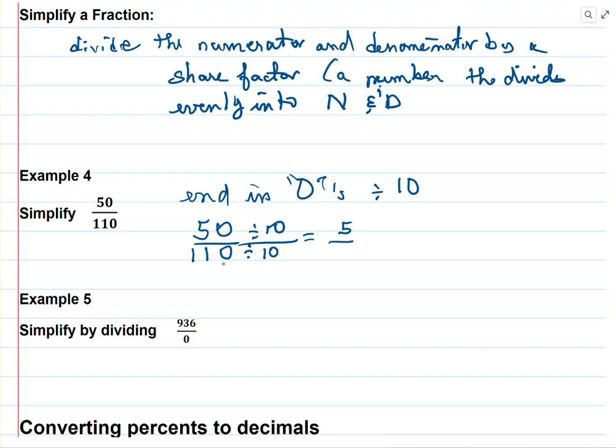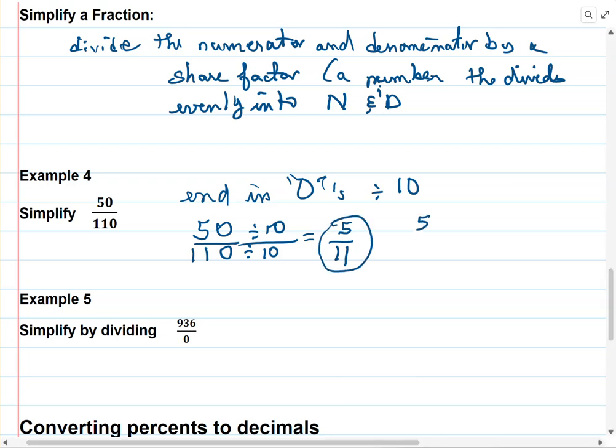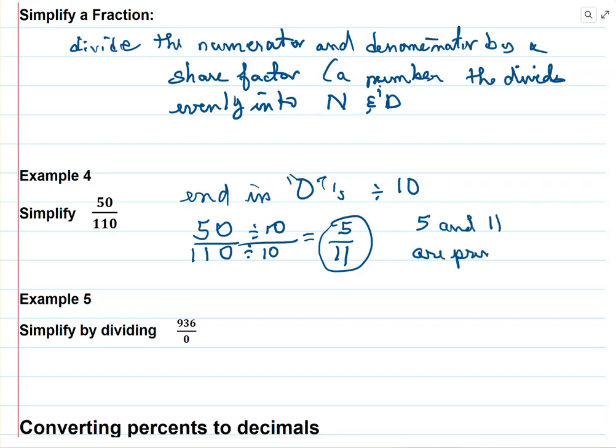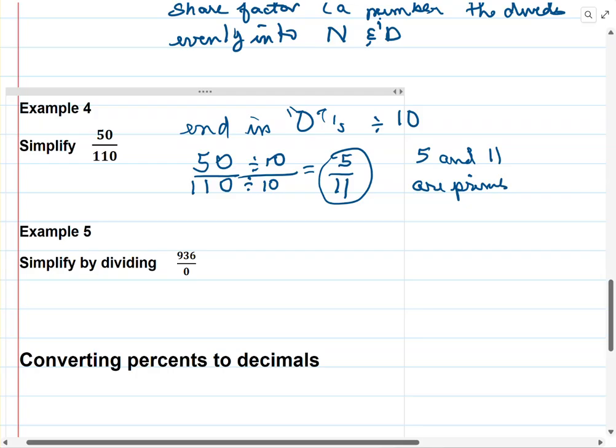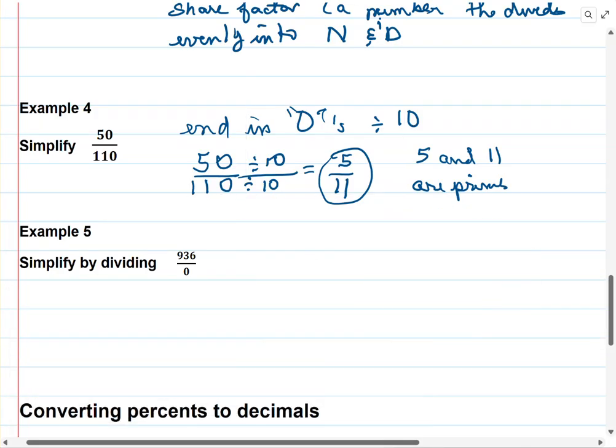And if I divide by 10, I'm going to get 11. And this we can't do anymore because 5 and 11 are prime numbers. That means their only factors are 1 and themselves. So we're done. Now this one is very interesting. It addresses, I should say, the divisibility rules.